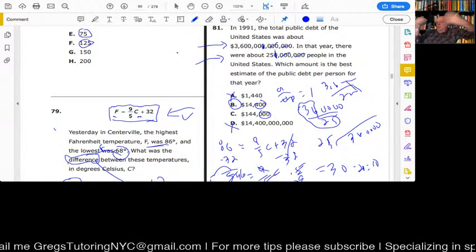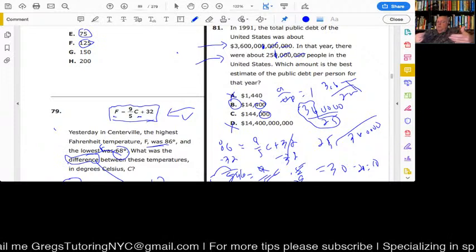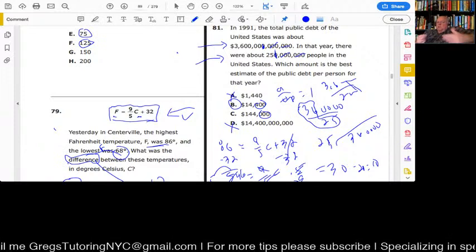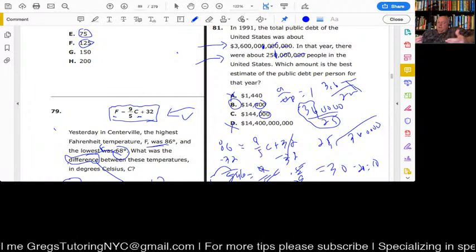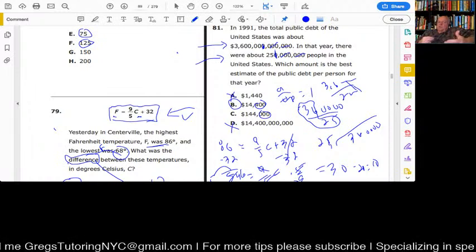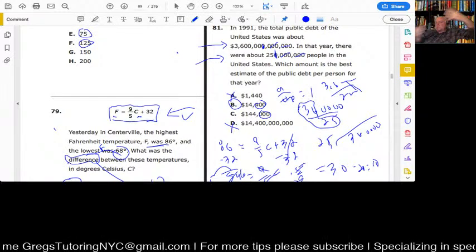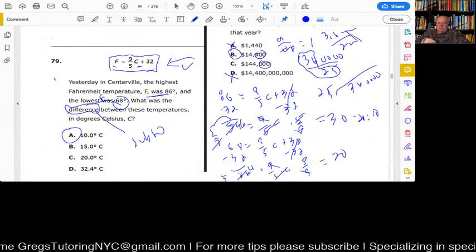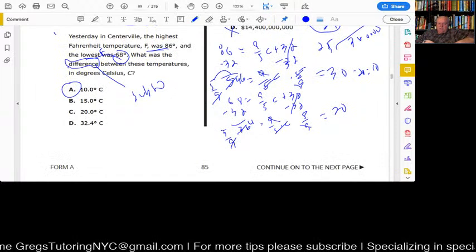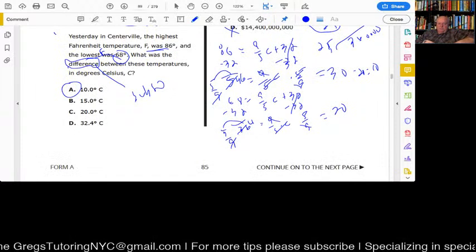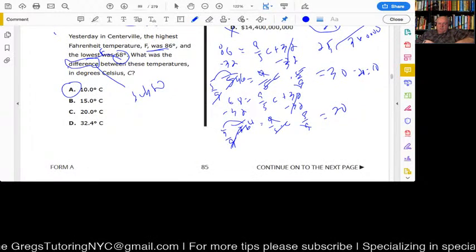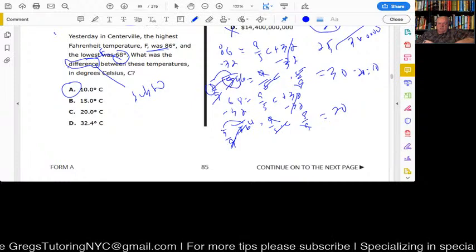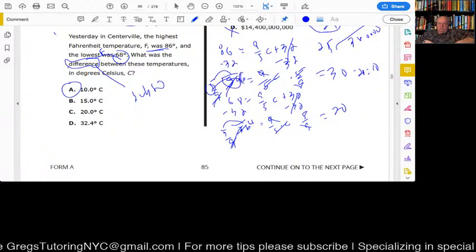And as I keep telling you guys, the SHSAT normally doesn't throw ugly numbers at you. They're not trying to make it hard on you. In almost all cases, there's always numbers that cancel each other out. Like when we were solving this here, remember I said, don't multiply 5 times 36, divide. Same over here. Don't multiply 5 times 54. Put the 9 into 54 and see if it cancels out.